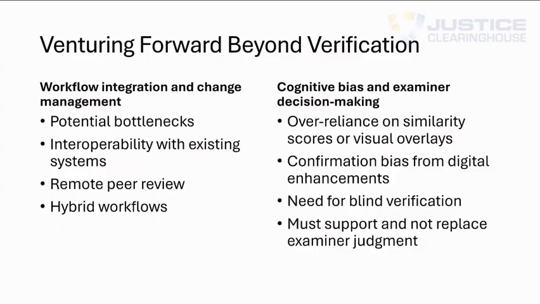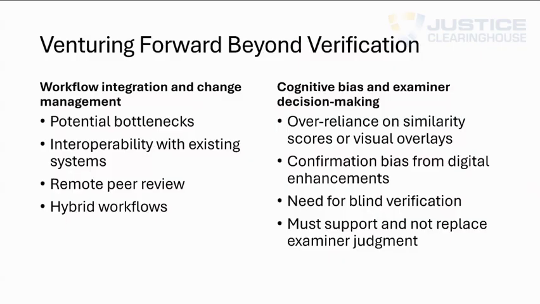For example, when we're pulling up a comparison that has a really high similarity score, are we just going to buzz through that comparison? Or if we pull up a comparison that has a relatively low similarity score, are we going to be focused enough to be able to discern whether or not there's actual similarity there or not?